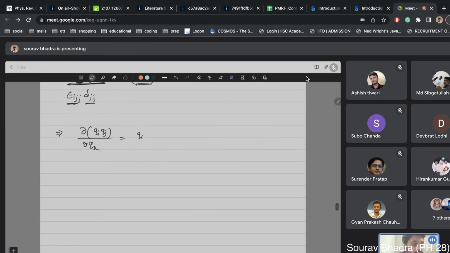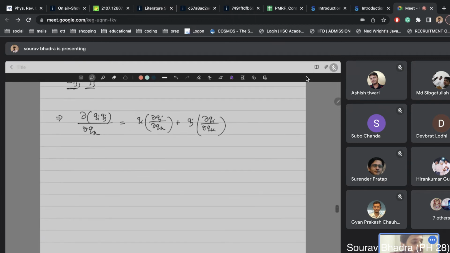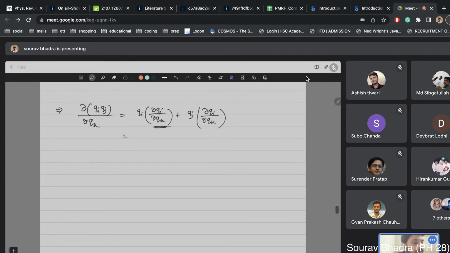Now coming to the differentiation, we can take the qi out, giving qi del qj by del qk plus qj del qi by del qk. Now this is 1 when j equals k, and 0 if j is not equal to k.